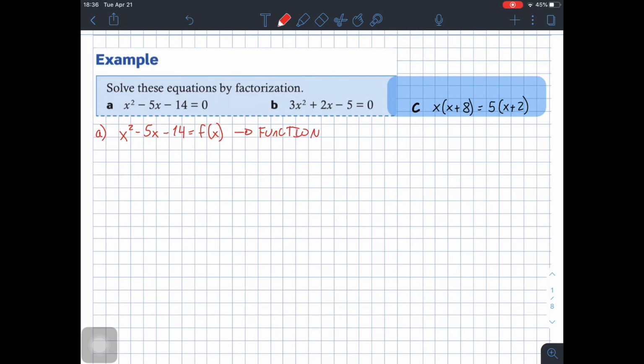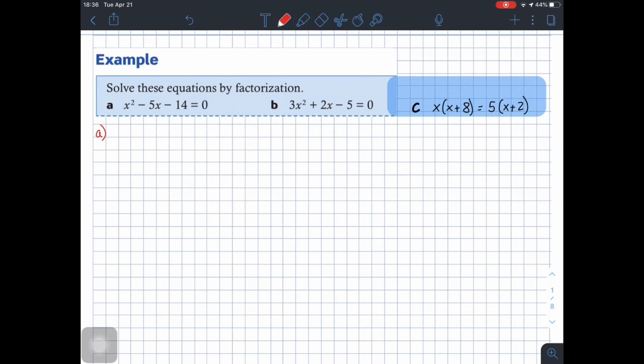But when we have this same expression but set to 0, we're talking about an equation. That's the difference between a function and an equation. A function can take different values here, but the equation, we generally set it to 0 or to any other number. But we don't have the f of x appearing when we talk about an equation. So that's the difference between function and equation.